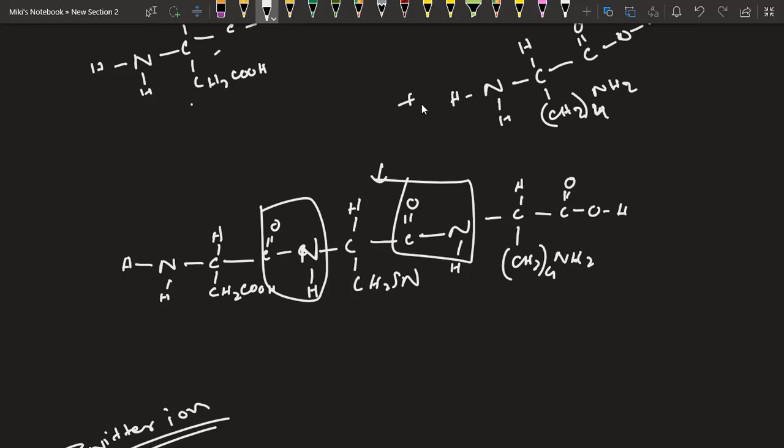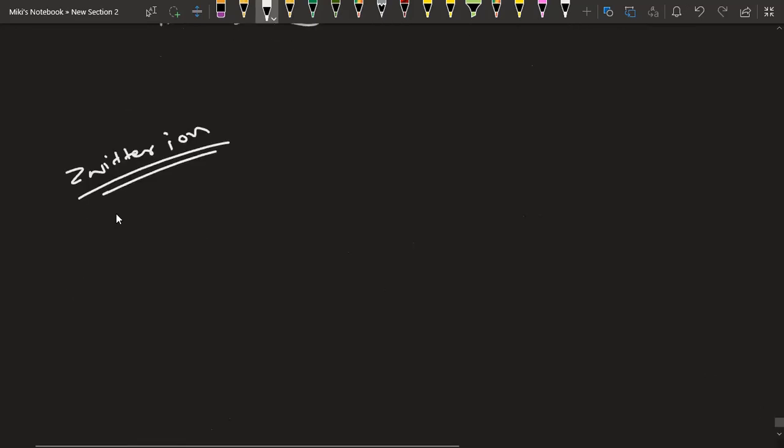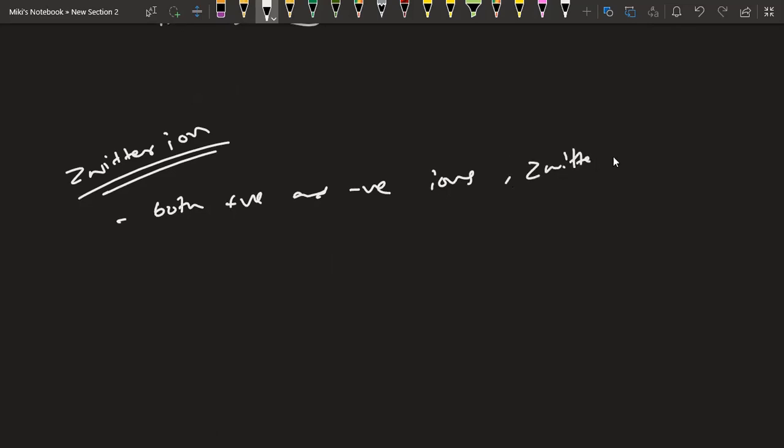That forming of ions from this amino acid is known as your zwitterion. The substance which has both positive and negative ions is known as a zwitterion, and it has an overall charge of 0.